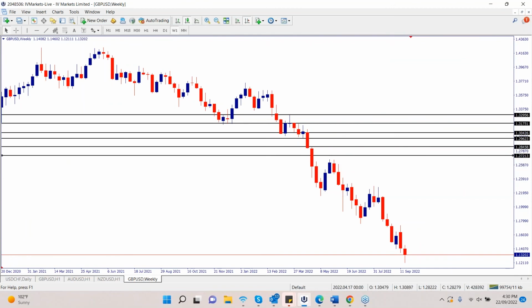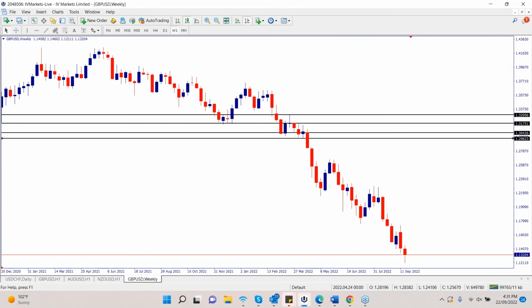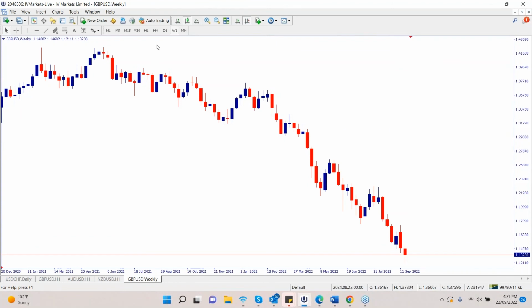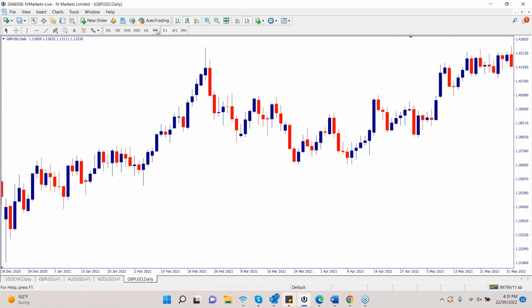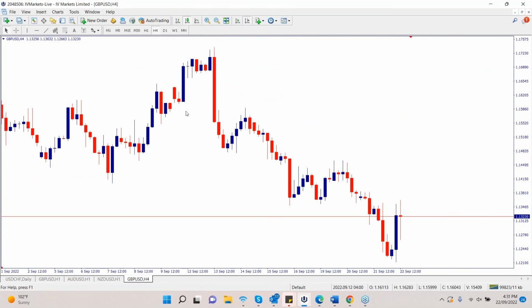For example, this is the weekly time frame. We can go to a smaller time frame like daily or H4. On the H4, we have this type of market formation: a bearish impulse, then a correction, and then an impulse.